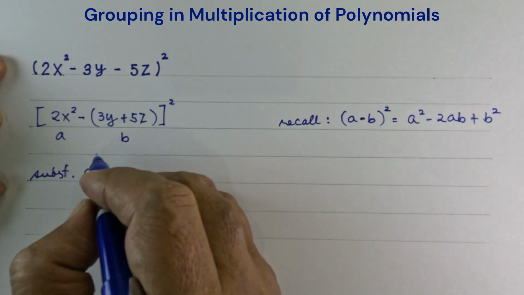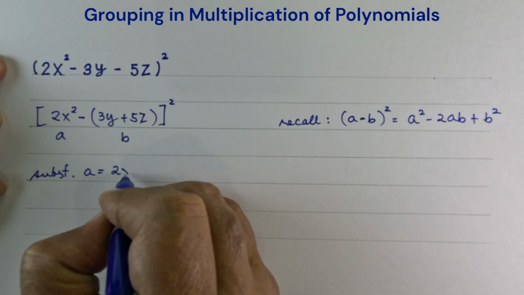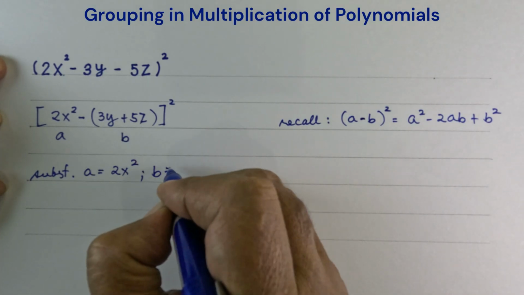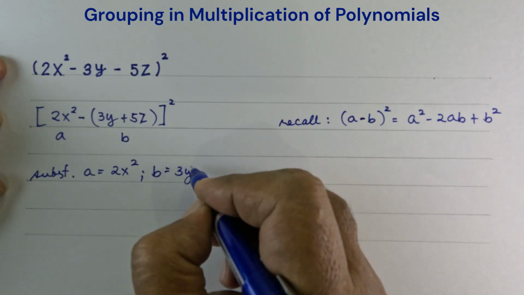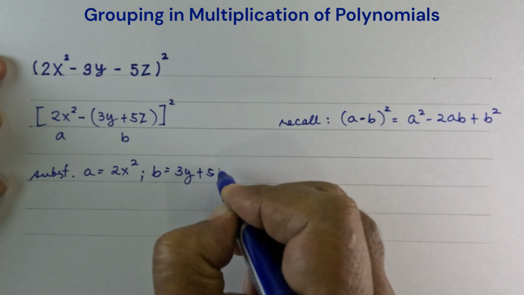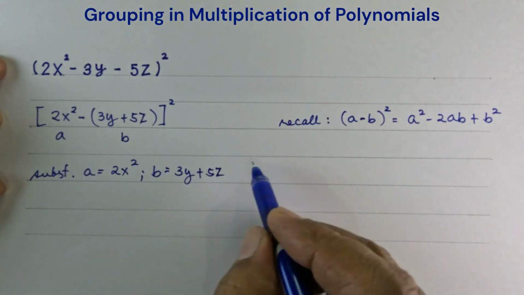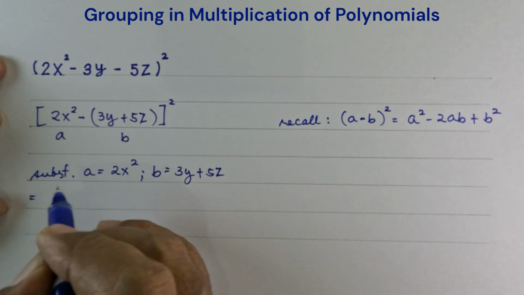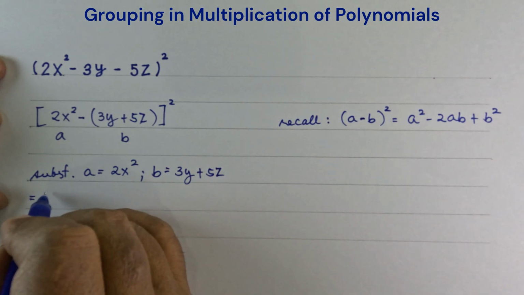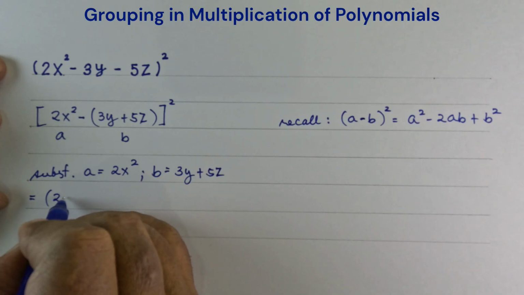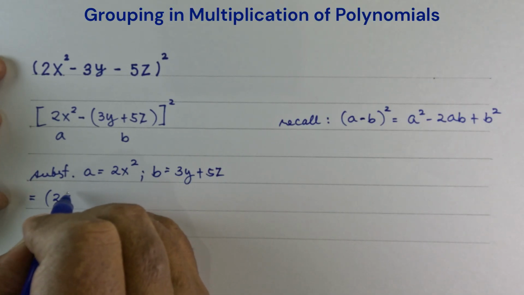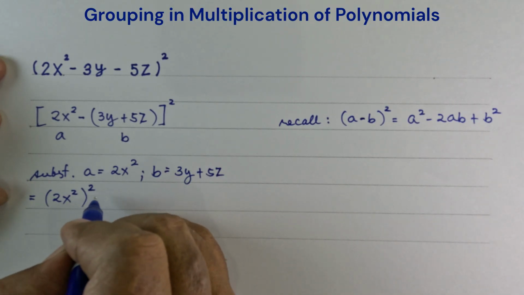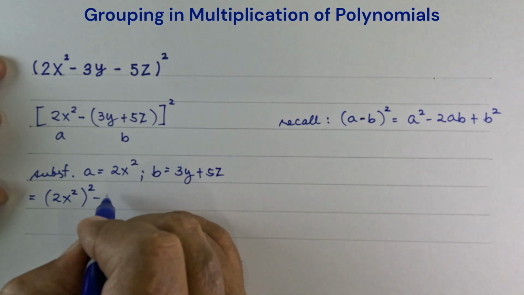So we're going to substitute A equals 2x squared, B equals 3y plus 5z. We're going to substitute this in this formula. So that's A squared, (2x squared) quantity squared, minus 2AB.